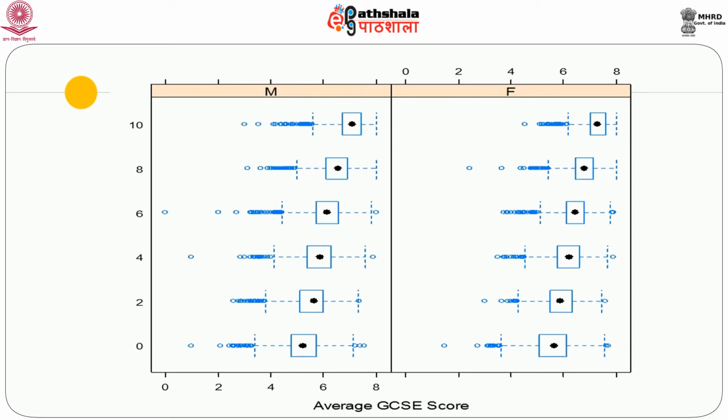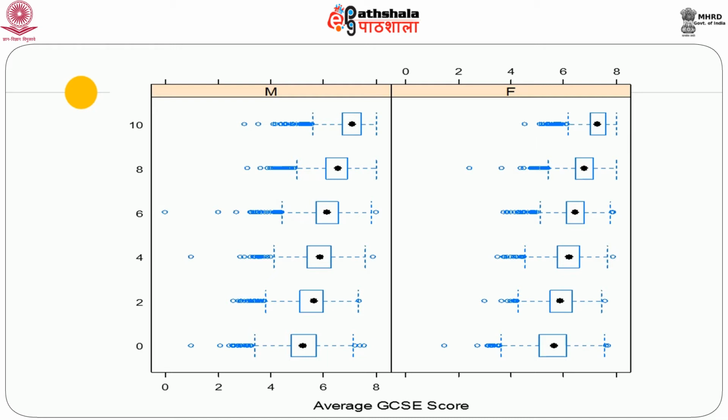Here as we can see, for every level a box and whisker plot of the corresponding GCSE score values is drawn. This allows us to directly compare the median, which is the dot in black, and the 25th and 75th quantiles.